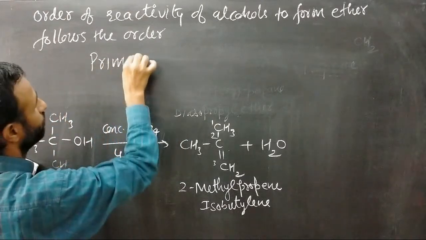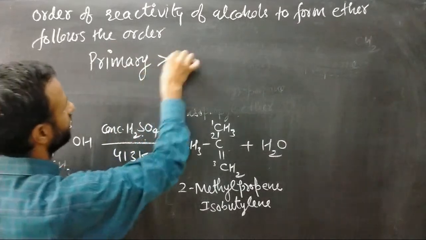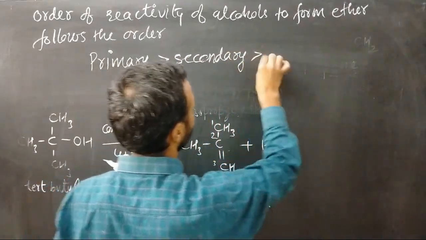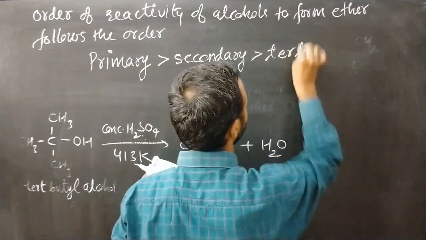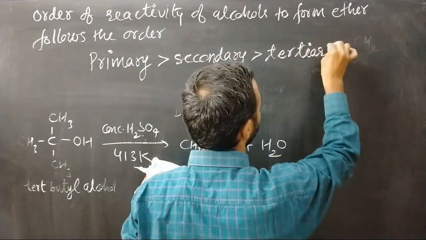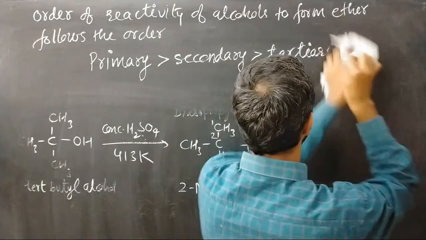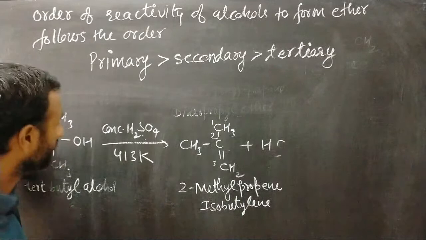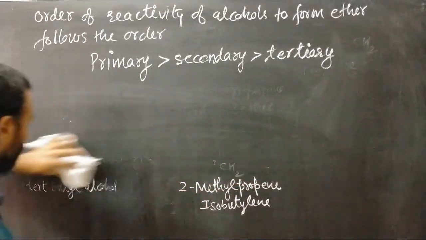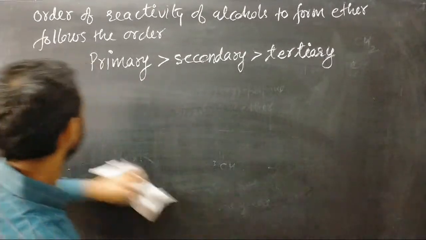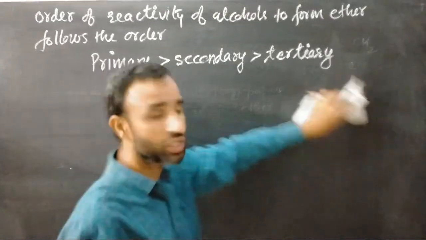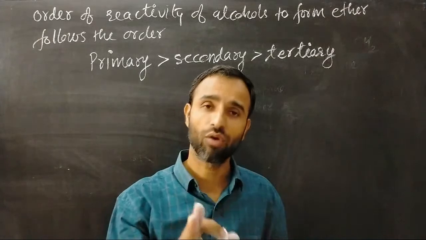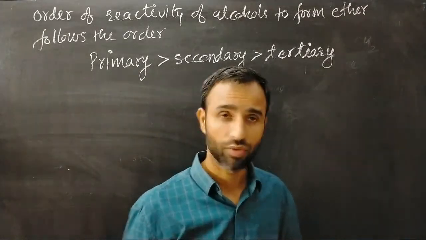Primary is more reactive than secondary, and secondary is more reactive than tertiary, because in case of tertiary we will not get ether, we get alkene as the main product. So limitation is, in these cases primary alcohol is the better alternative.